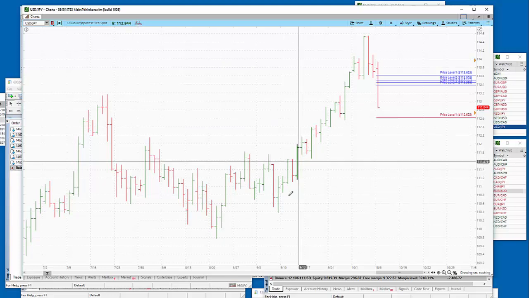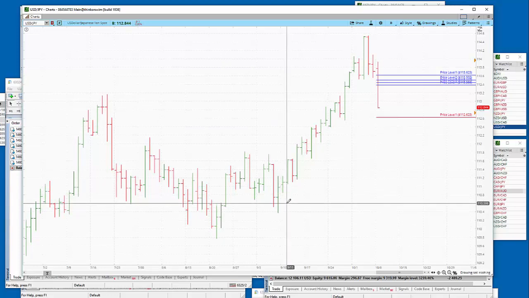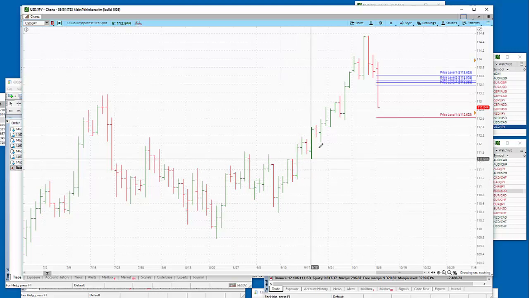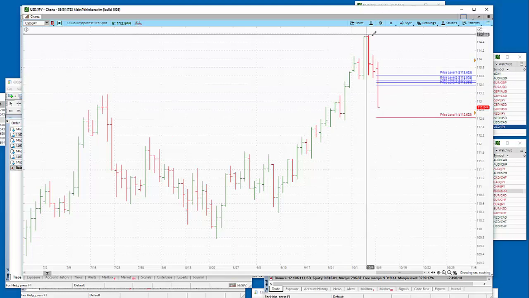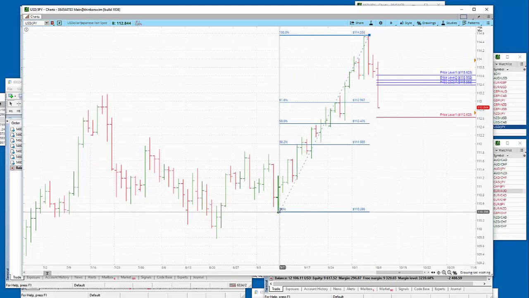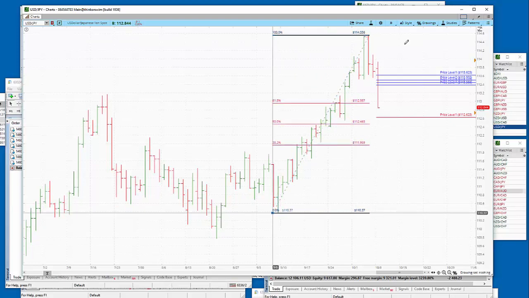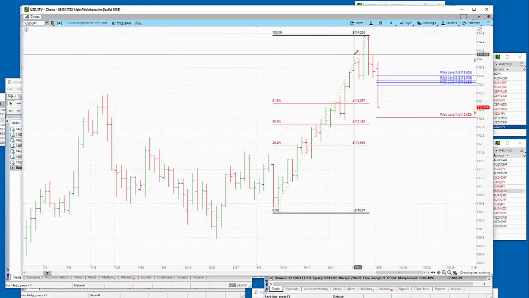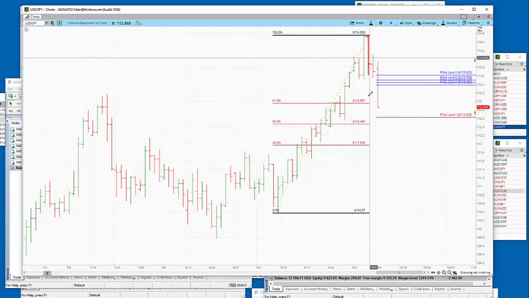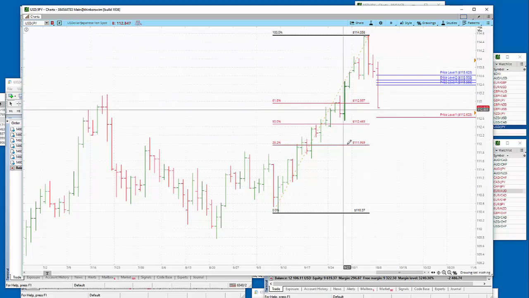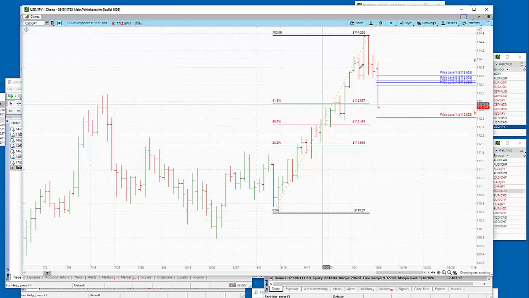But if we want to take this most recent move, where we have not yet had a C move, then we would say, okay, this was A up here, this was B right here, because we're looking for the last move where we have not yet had a C. So this would be A, this would be B, and C, sure enough, we're looking, even on the daily chart, for a move back down in between these three red lines.